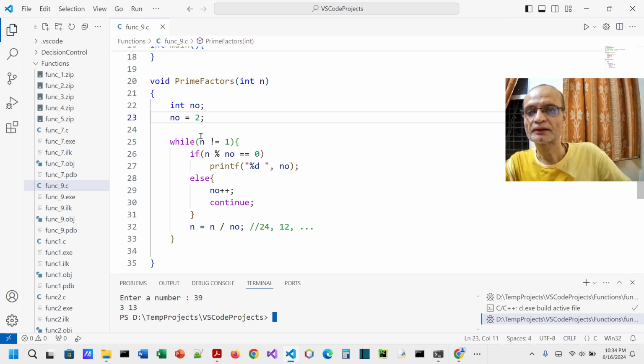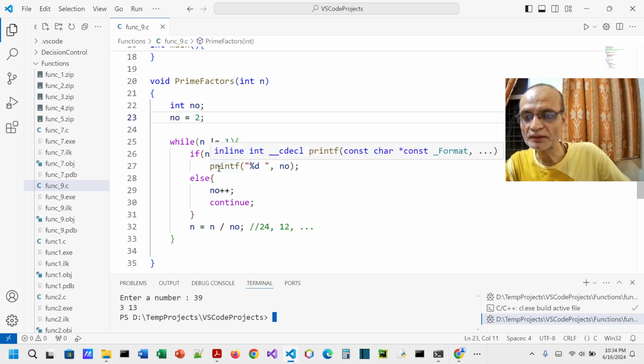It came back, then obviously n is not equal to 1, it still is 39, so 39 mod 3 is 0, yes, so that's why it printed 3. Then it divided it, that means here you got 13. So n became 13, and once again it came here, 13 mod of what?